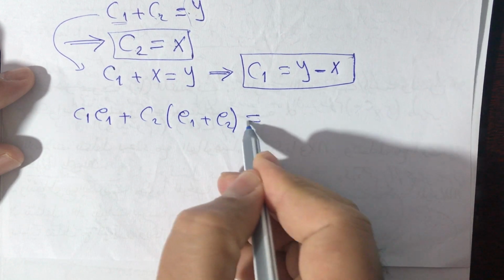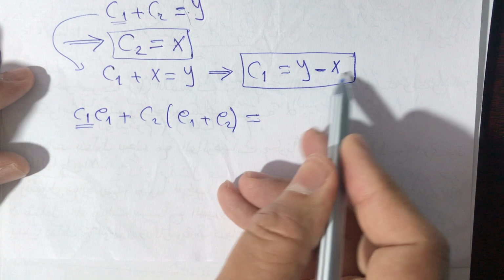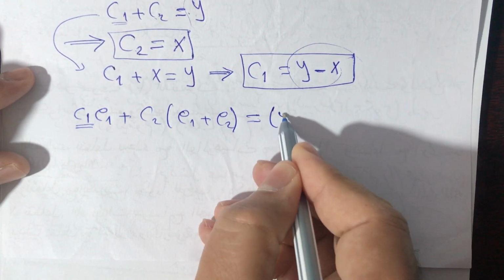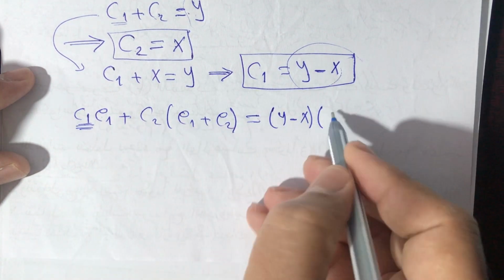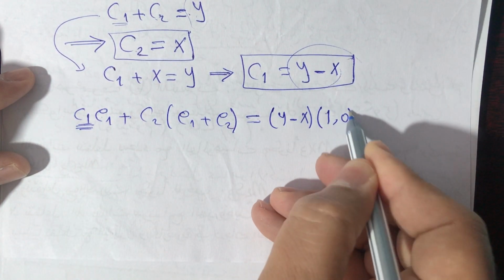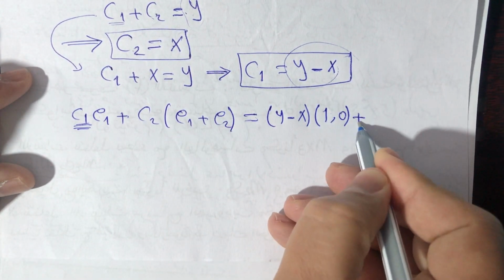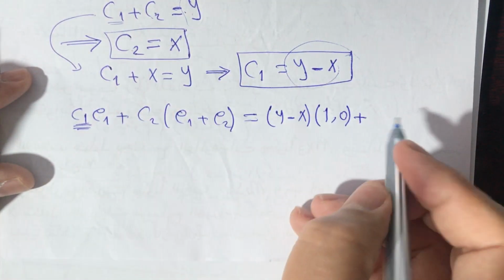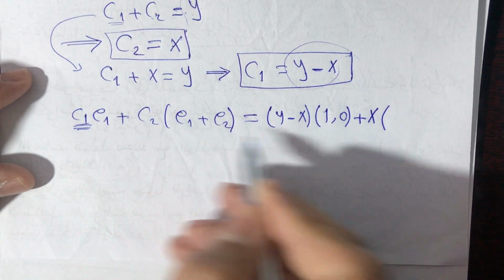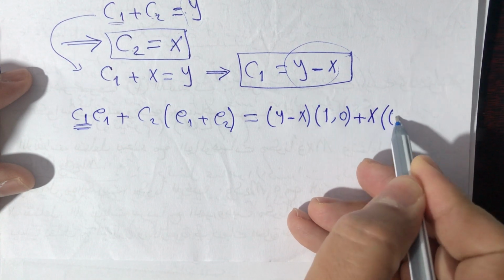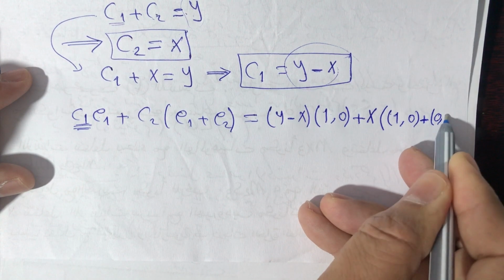And here, put instead of C1 the value y minus x, and E1 is (1, 0), and here C2, you know the value of C2, it is x, and this is E1 (1, 0) plus this (0, 1) E2.